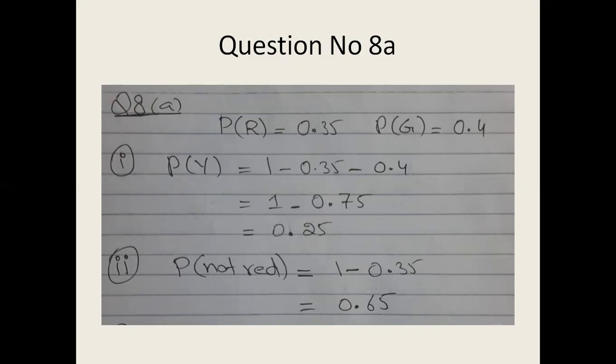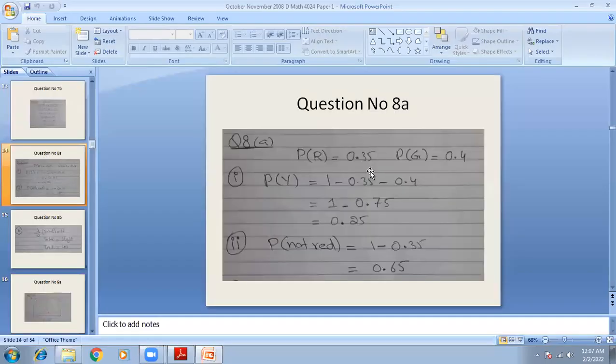Then their question is, what is the probability of not red? The not red will be, 1 is the full probability. From there, subtract the probability of the red. So you will get the not red. So 1 minus 0.35, and that will be 0.65. So this is how you will do question number 8. And let's go to the next part.